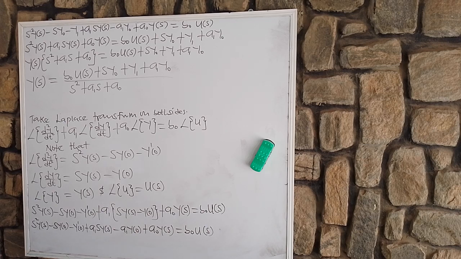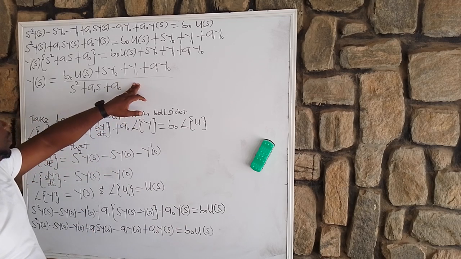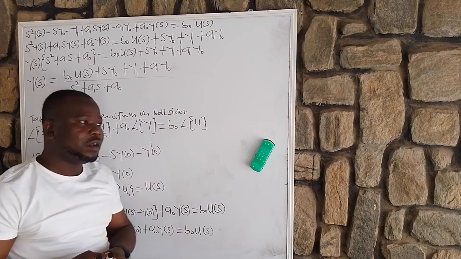For a function to be a transfer function, the boundary conditions or the initial values must be 0.